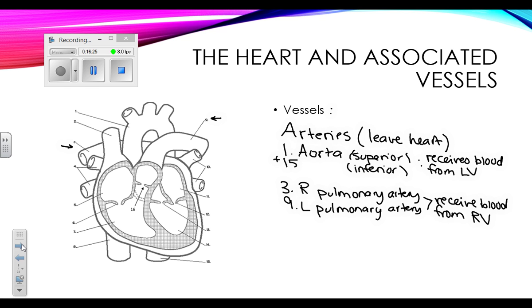Now the other type of blood vessels that you have are veins. Veins come toward your heart. So I always like to think artery starts with A. It goes away from your heart.